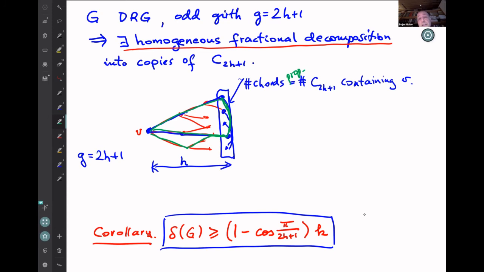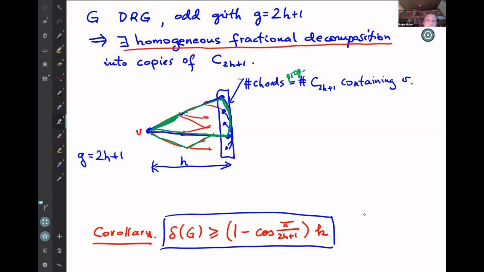You can express it with the intersection array of the graph. So it implies that every edge is contained in the same number of such cycles, and then this gives you a homogeneous fractional decomposition. I was very sketchy here, but people who understand distance regular graphs much better than me surely see what the proof is.